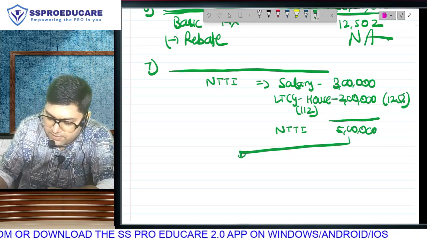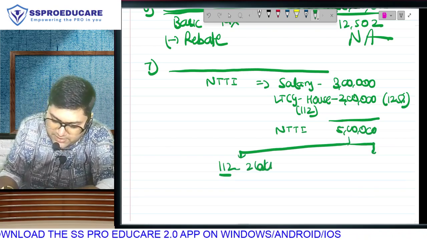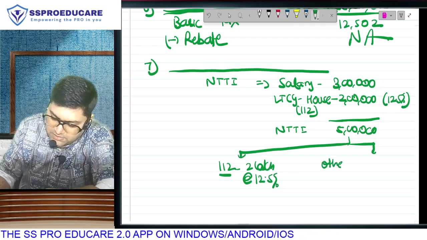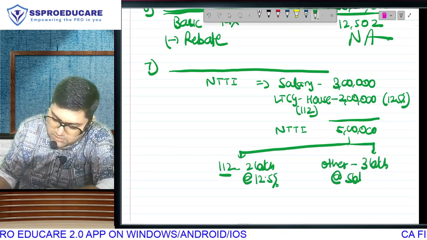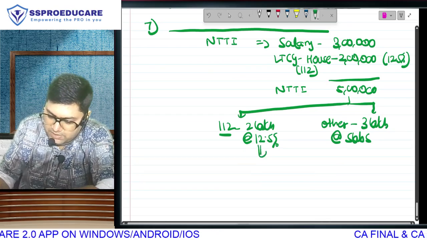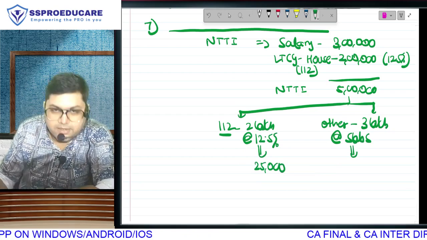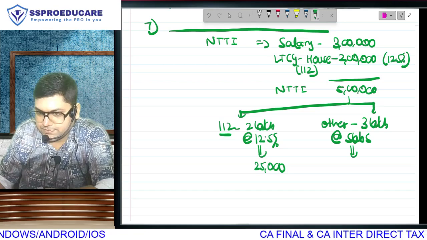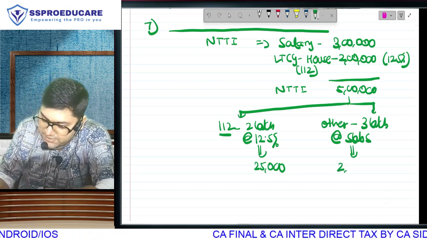Divide it into normal rate and special rate. The section 112 income of 2 lakh will be taxable at 12.5%. And the other income, that is 3 lakh, will be taxable at slabs. Correct hai? Chalo. 2 lakh ka 12.5%, 25,000, and at 22 years of age, tax on 3 lakh, 2,500.